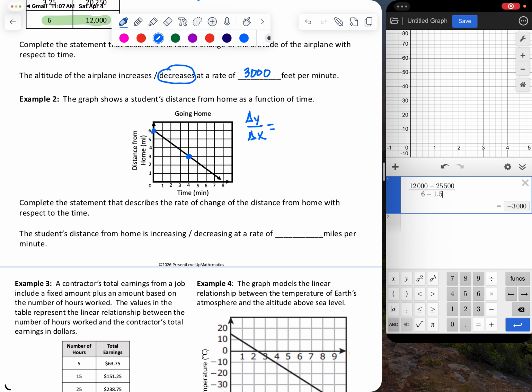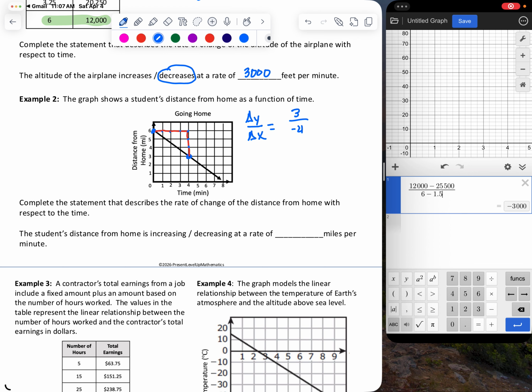Okay, once I have my 2 friendly points identified, then I connect them with a right triangle. To get the change in y, I'm going up. Again, I always start with the bottom point. So I'm going up from the bottom point 1, 2, 3 units. That's positive 3 because I'm going up. And then 1, 2, 3, 4 to the left. Because I'm moving left, I'm going to put a negative there.